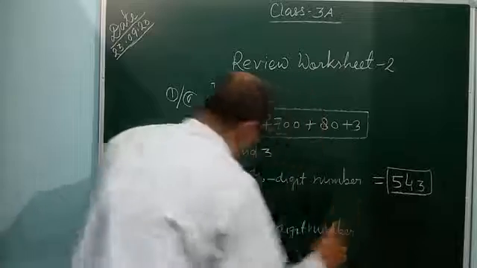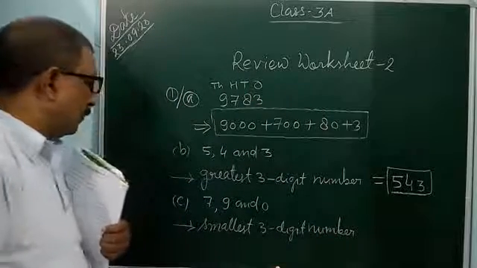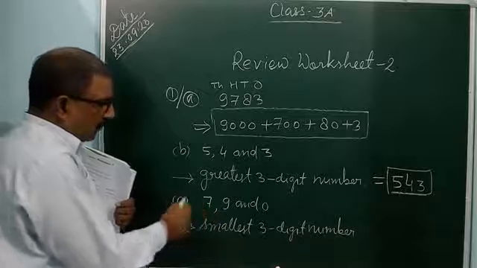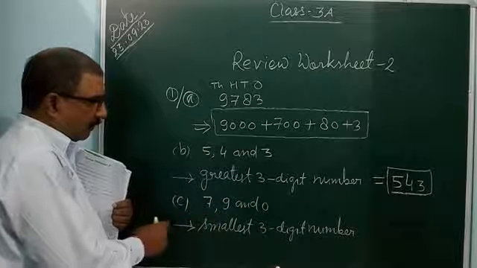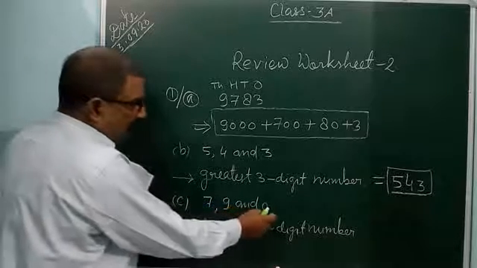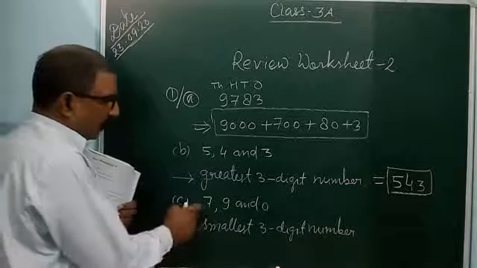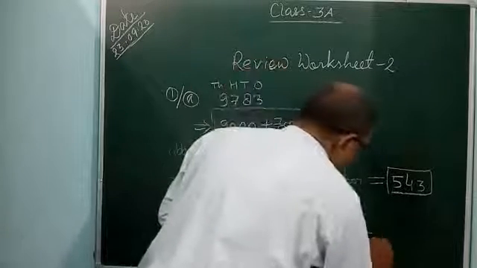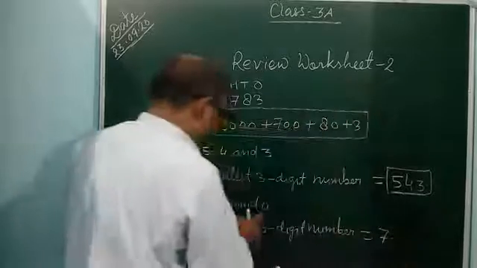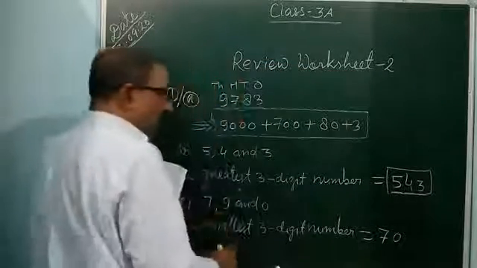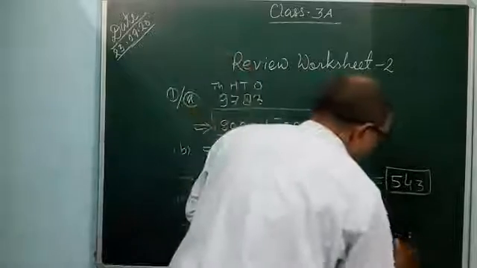So for the smallest 3-digit number, you choose the less valuable number. 9 is more, 7 is less, and you can write 0 between 7 and 9. So you can write 7, after that 0, and after that the greatest number 9.